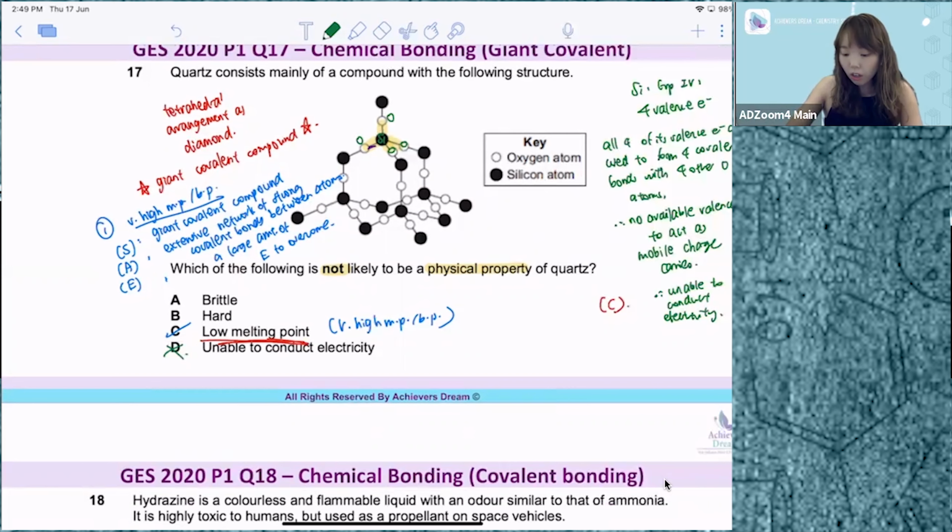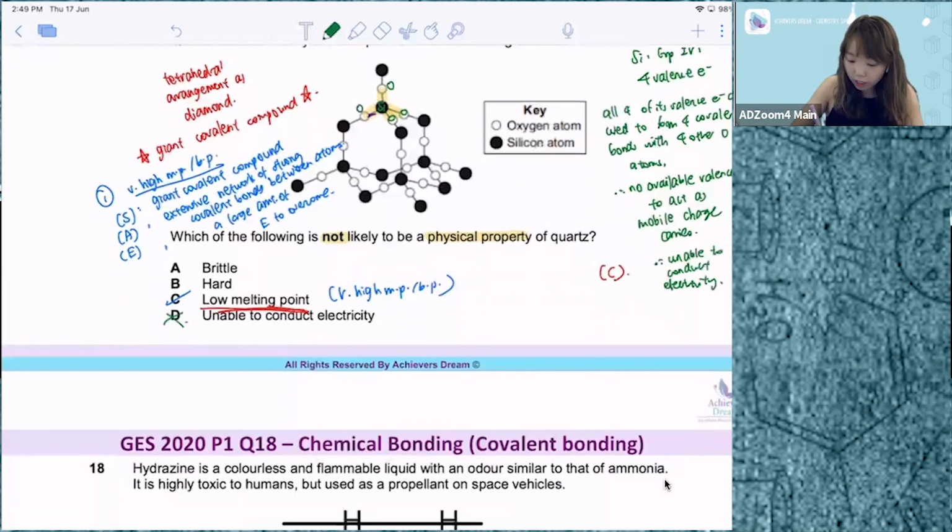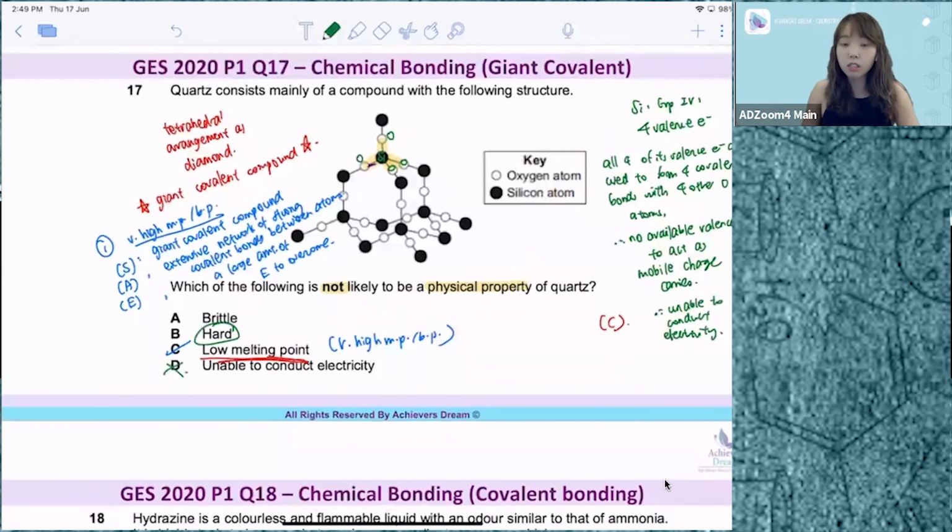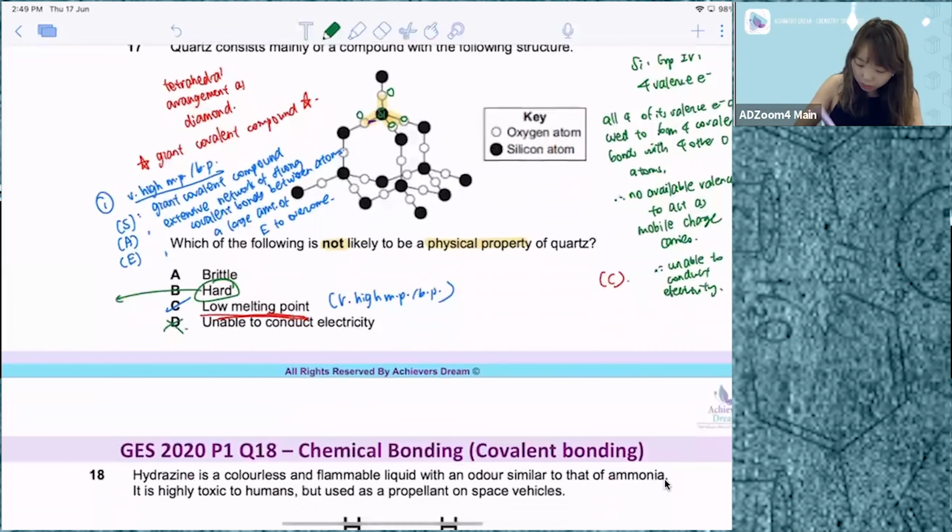Now for option B, quartz is also very hard. How to explain if, let's say, this is a structured question? We can see that there is an extensive network of strong covalent bonds. Based on the diagram, all these dashes that you see represent the strong covalent bonds.